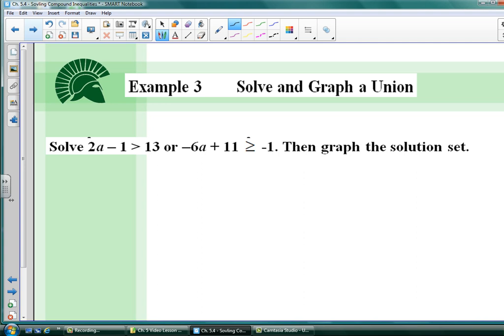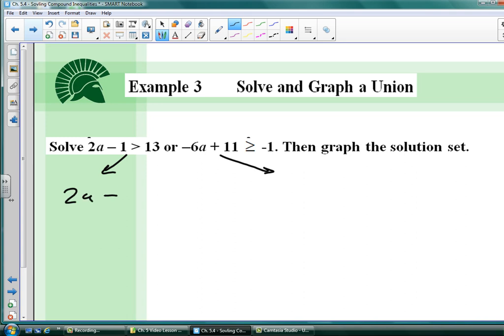So we're going to look at another one where it's not a word problem, but we're going to end up looking at a compound. And if you notice, this one's already telling us it's a compound right away because it already has an or in it. So we don't even have to figure out that it's going to be an or based on the words that we're told. It's already given to us that there's an or problem. So just like the and problem, we're going to split these up into two things.